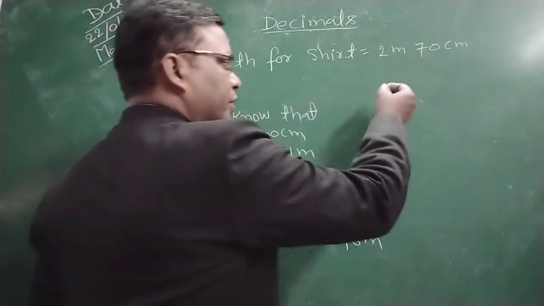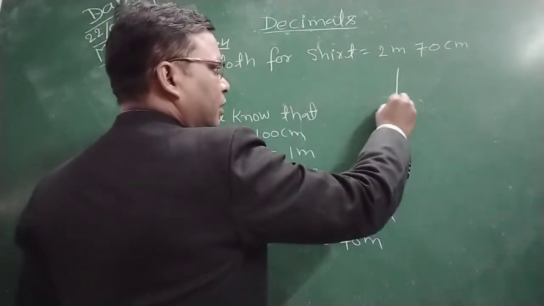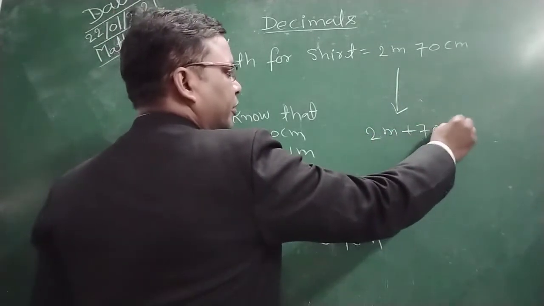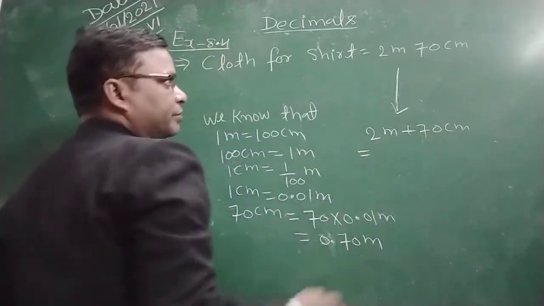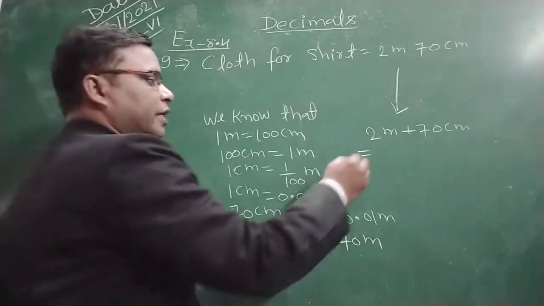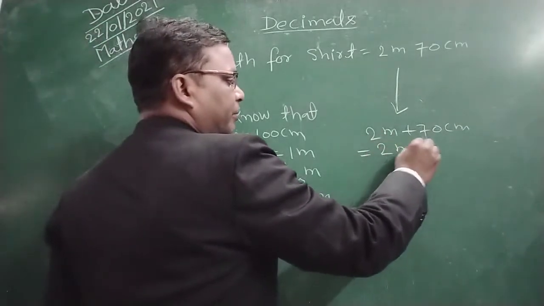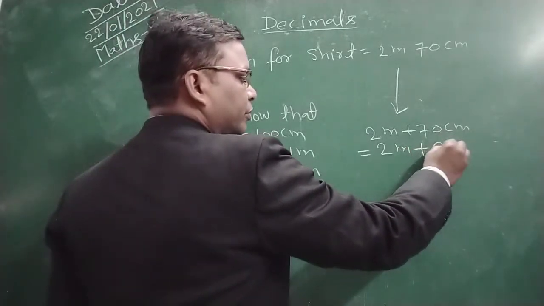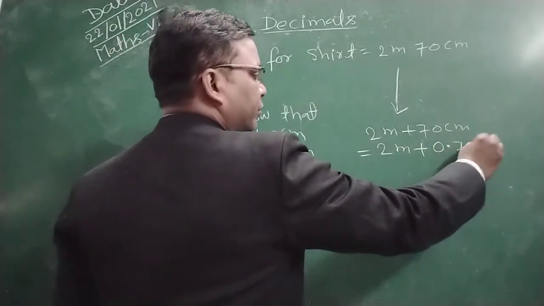So student, you can write 2 meter plus 70 centimeter. Okay, 2 meters we write as it is, but 70 centimeters you can see we convert to meter. This is equal to 0.70 meter.